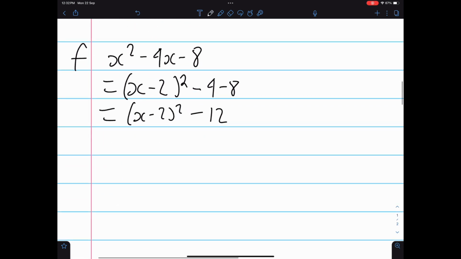Remember, we're halving this, putting it in brackets and squaring it, subtracting the square of this, then adding back that constant.